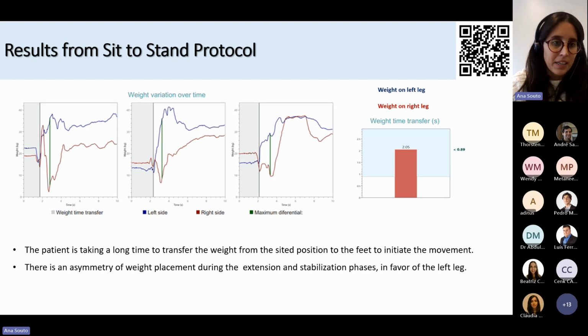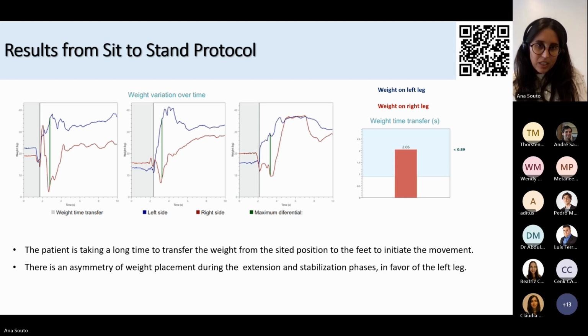So there's a big difference between weight bearing during this phase. As you can see, the maximum differential is this green line, so it gives us the maximum weight difference being placed on each leg, and it's on the rising phase.